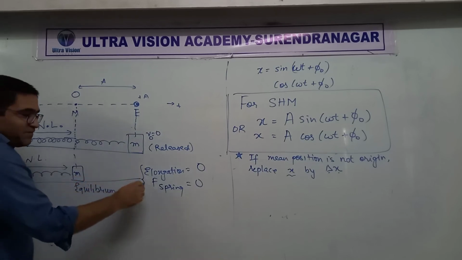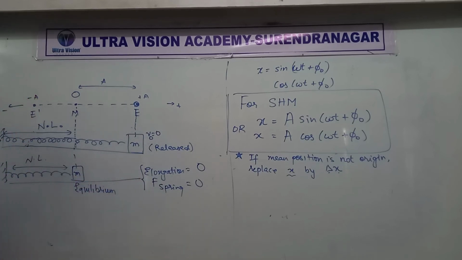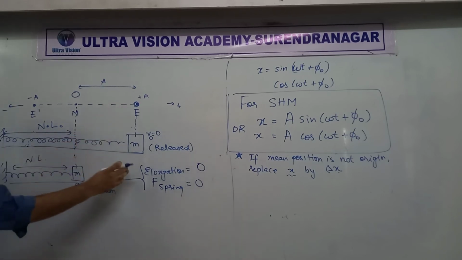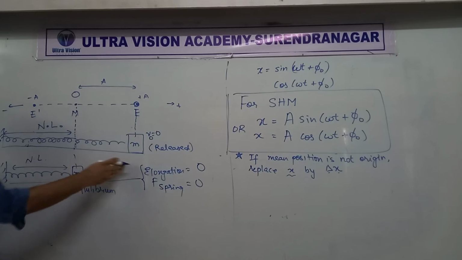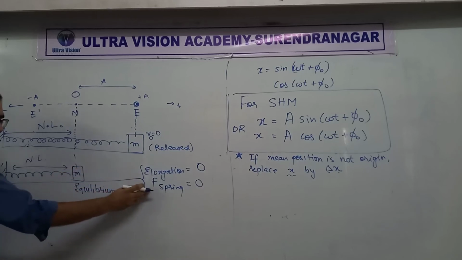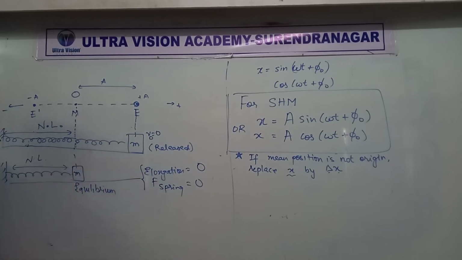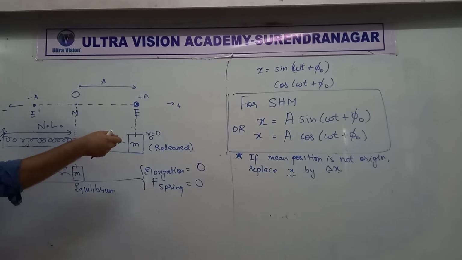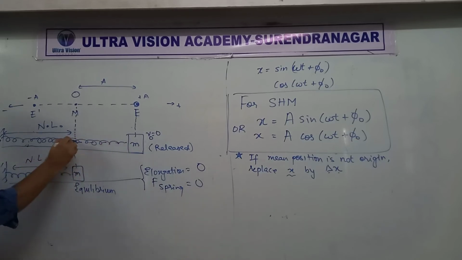So if force is 0, that does not mean the object stops over there. Be careful. When it comes here, the force is 0, but the speed would not be 0. The spring would have pulled it and brought it here, so now it will overshoot.